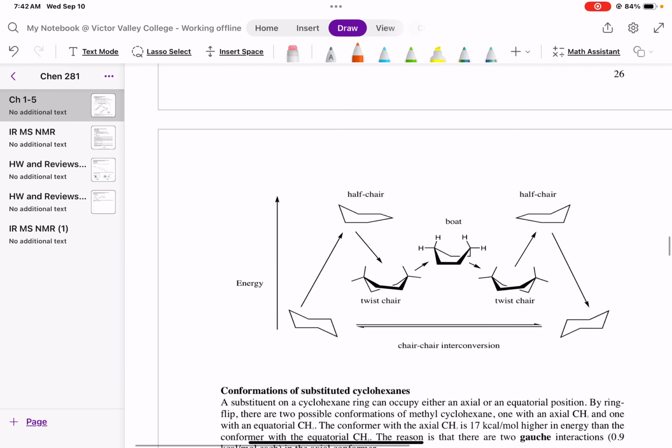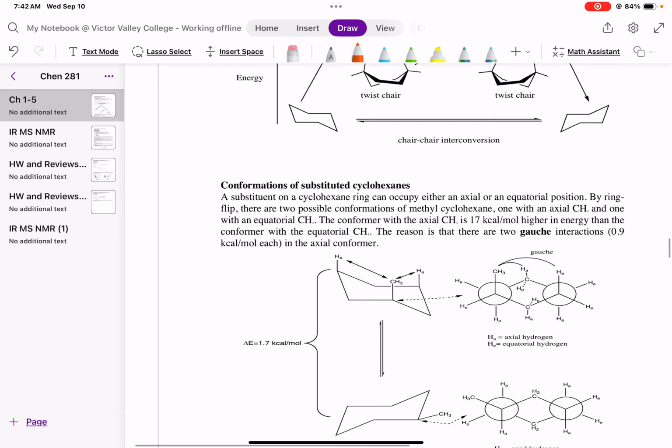And notice the chair is the lowest energy, and of course we got the half chair, where one side is flat, a little bit higher energy, and in between we got the boat, which is lower than the half chair but higher than the twist chair, and the twist chair is higher than the chair in terms of energy.